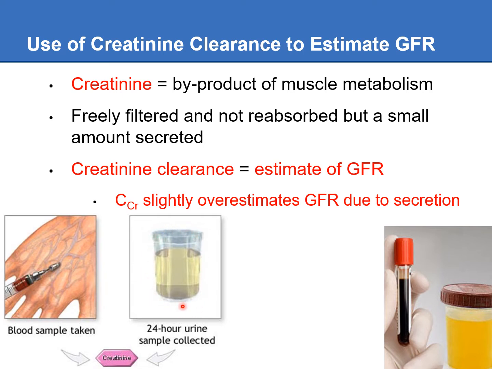We'll measure the volume of urine produced in 24 hours. And then we'll also measure the creatinine concentration in the urine. And so if you take those numbers and you take the urine volume, multiply that by the urine concentration of the creatinine, and then divide that by the plasma concentration of the creatinine, that'll give you a rough estimate of the glomerular filtration rate. So that's something that could be done in patients.